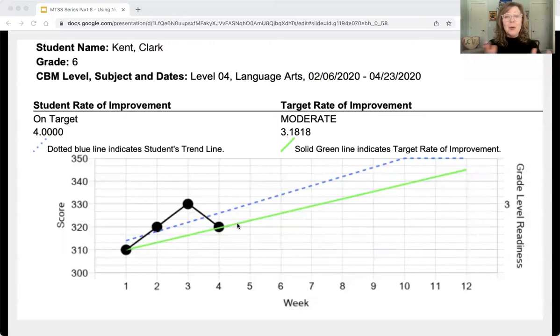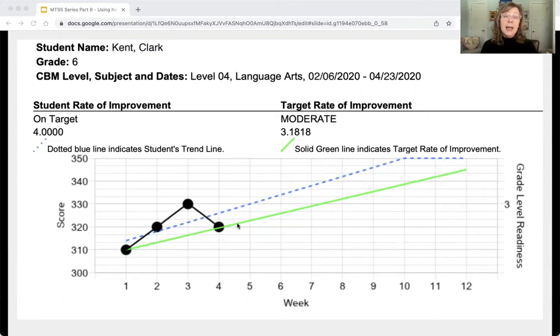For example, we see Clark's progress monitoring here. He is making really nice progress. In fact, this data supports a next step of stopping this set of probes to move him up to the next level.